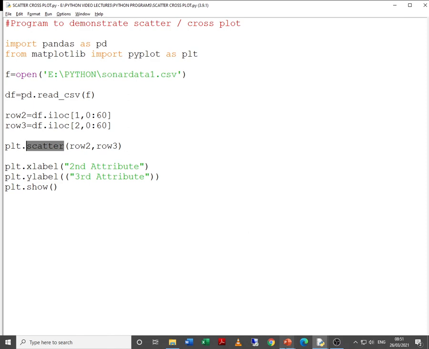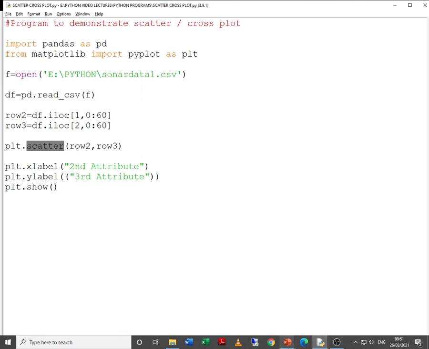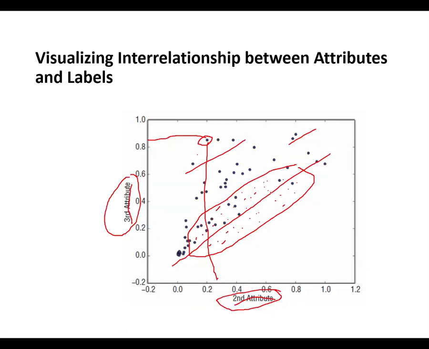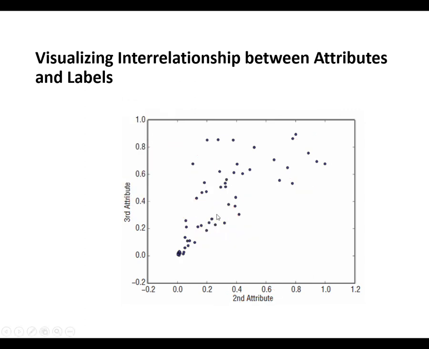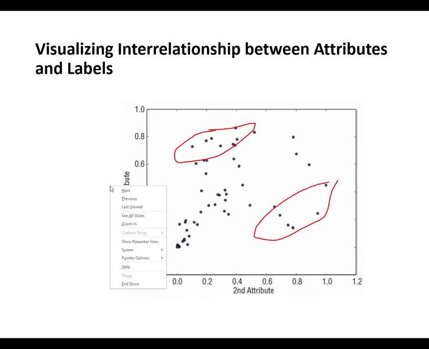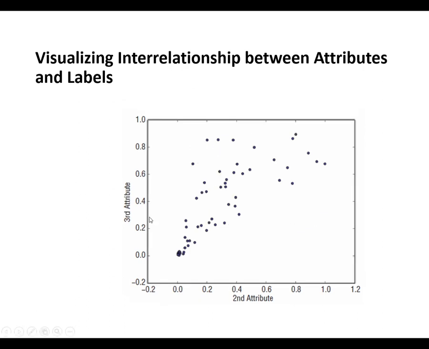Let us check the presentation that we have. Let me clear up, yes, now I have cleared up all the ink here also. Fine. So now you can see that here the second attribute and the 21st attribute are taken.